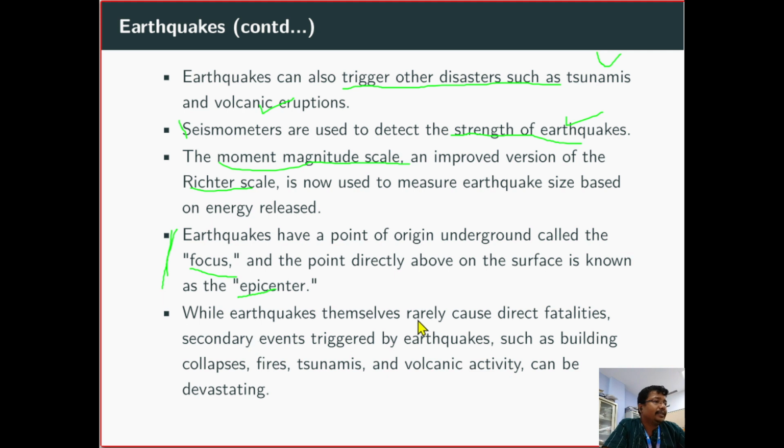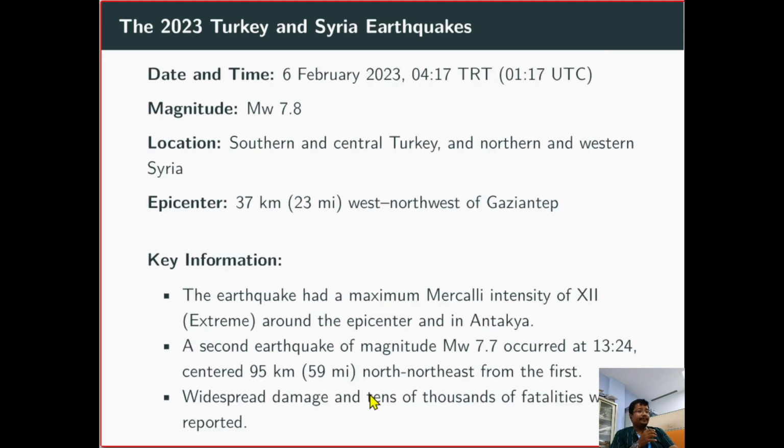While earthquakes themselves rarely cause direct fatalities, they also trigger secondary events, such as building collapse, fires, tsunami, volcanic activity, etc., which can be very devastating in nature, right?